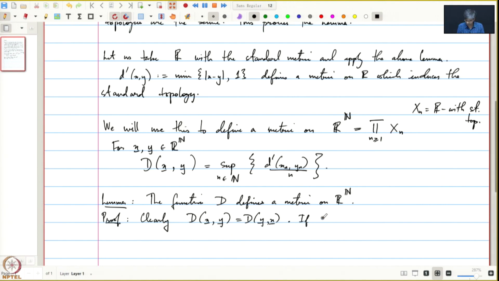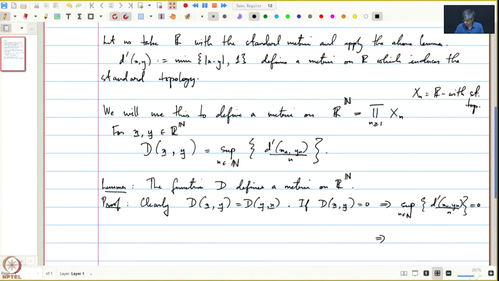If x is equal to y, then obviously d of x comma y is 0. Conversely, if this is 0, then the supremum of d prime of x_n comma y_n by n is equal to 0, so each of these is less than or equal to 0.